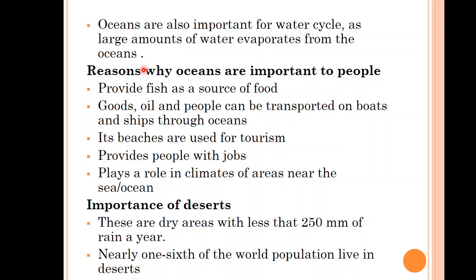So, why are the oceans important to people? It's because they provide us with fish, which is a source of food, and we transport our goods, oil, which is fuel, and also ourselves on boats and ships through the oceans. Its beaches are also used for tourism.